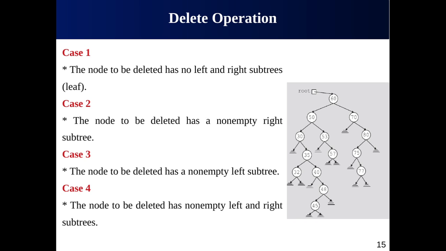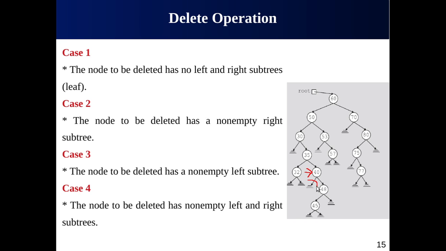In simple words, if you want to delete a node but it has no left subtree and it has a right subtree, then that case is considered to be case number 2. For example, the node with information 40. If you want to delete this node 40, then this is case number 2.